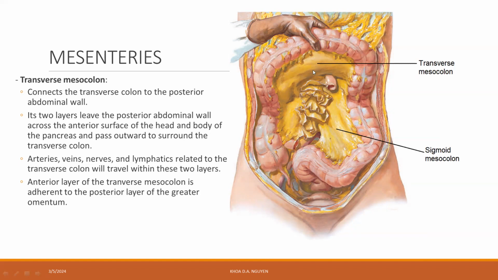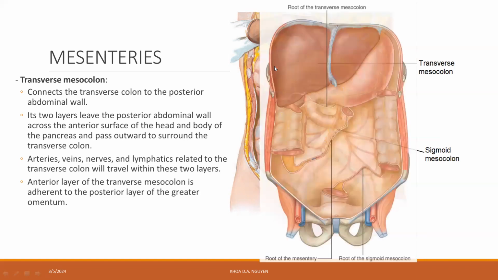All right, and of course, there will be arteries, veins, nerves, and lymphatics that are related to the transverse colon will have to travel via this transverse mesocolon so that we can get to the transverse colon. All right. Now, this is the root of the transverse mesocolon right here, okay? It's on the posterior abdominal wall, okay?